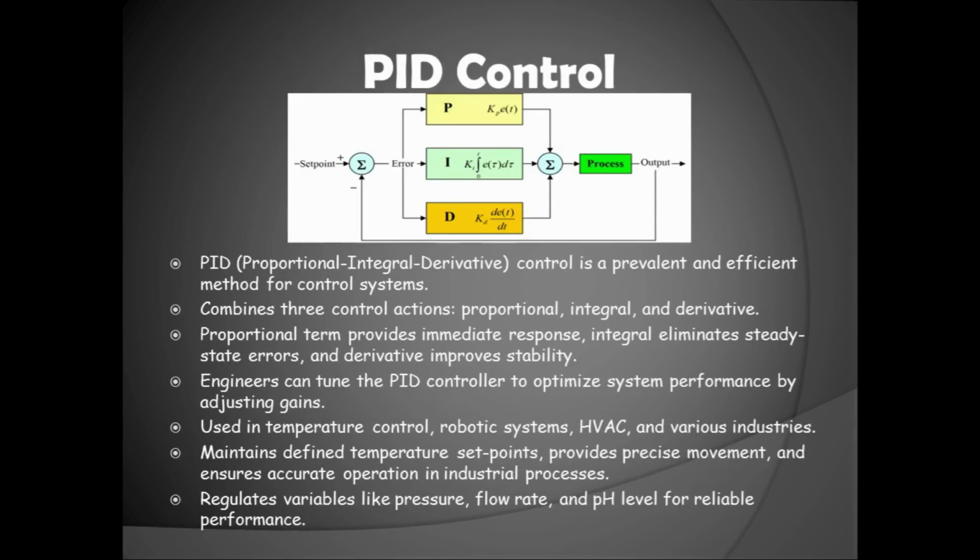PID control. The PID control, or proportional integral derivative, is a prevalent and extremely efficient approach to control systems and processes. It provides an effective process for system control and optimization by combining three control actions: proportional, integral, and derivative.